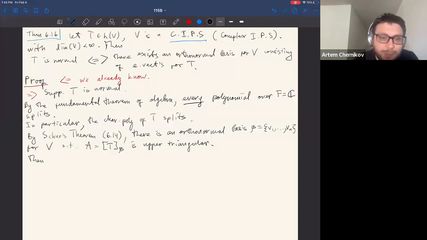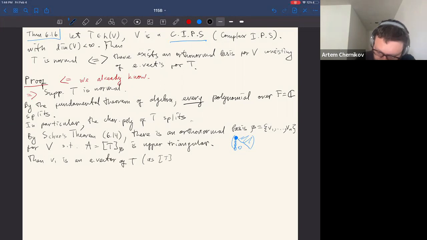Then, in particular, maybe let me just draw it quickly. So we have that the matrix representing it is upper triangular like this. So we have zeros below. So in particular, look at the first entry in the position 1, 1. The column corresponding to this entry has zeros everywhere else, right? And just some entry on the diagonal. So this means that the vector V1 of the basis beta is an eigenvector of T, right?